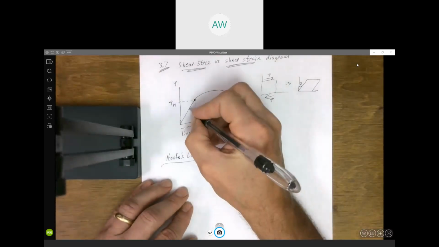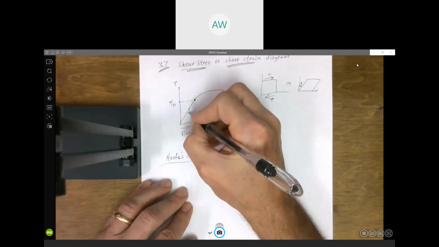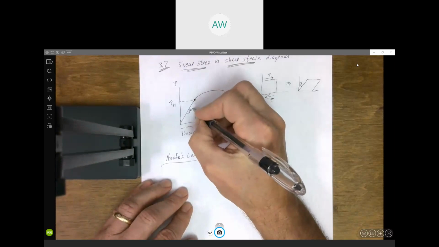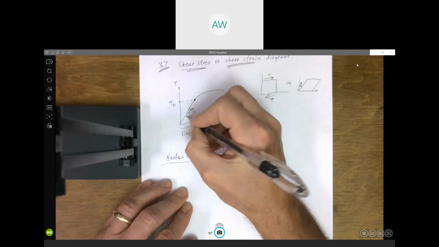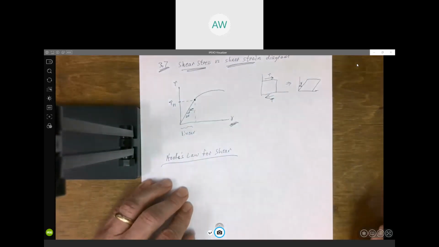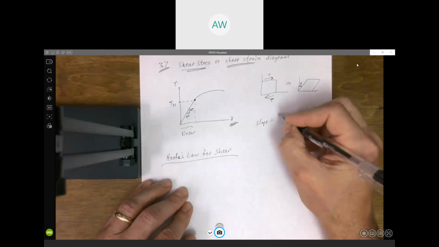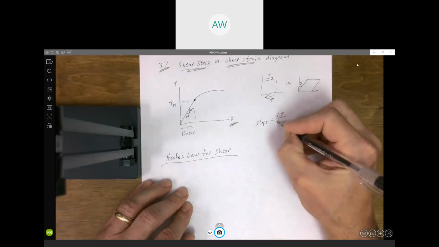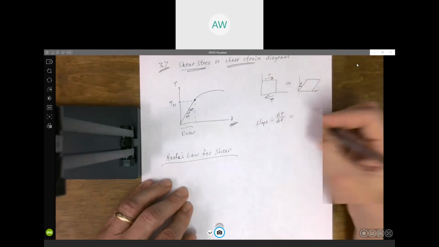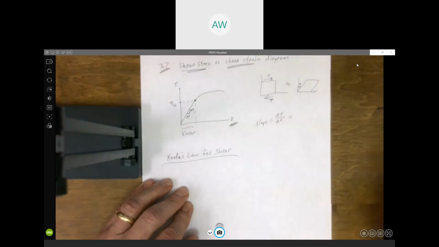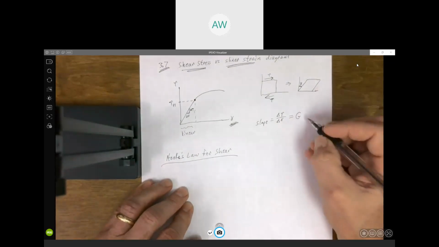So for the linear region, we can define the slope by taking the change in shear stress over the change in shear strain. And that slope we give it a name just like we did before, except here we're going to call it G.